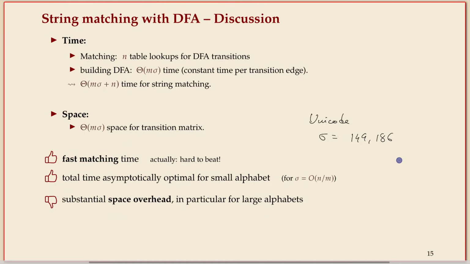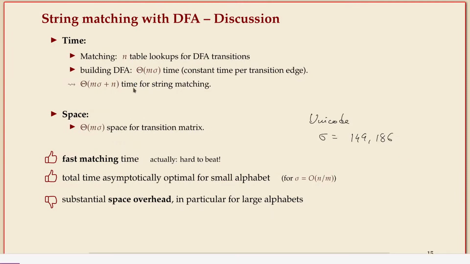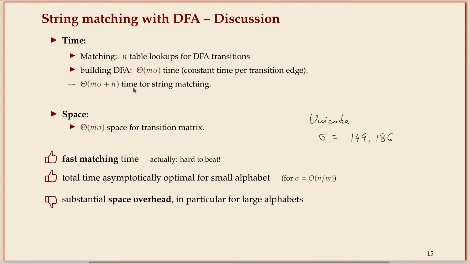It's a bit of a waste of space and time to fill all this with zeros. Just because potentially the text could have all these emojis, but then you would still discover that the pattern doesn't have them. That seems wasteful. So in a way, if you can guarantee that the alphabet is small, or you don't have to worry about space, this is a good algorithm. But we're not completely happy yet in the general case.